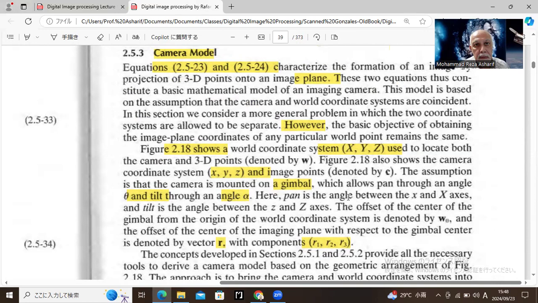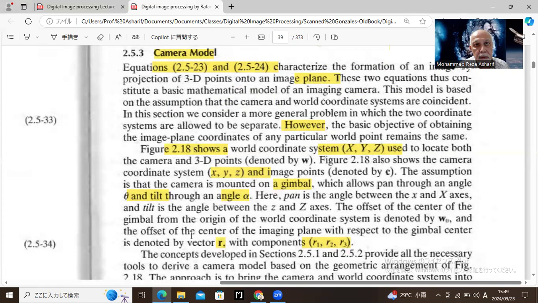Pan is the angle between the small x and large X axes, and tilt is the angle between the small z and large Z. The offset of the center of the gimbal from the origin of the world coordinate system is denoted W0.